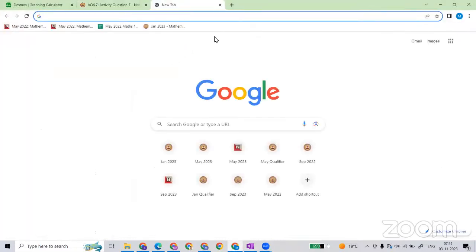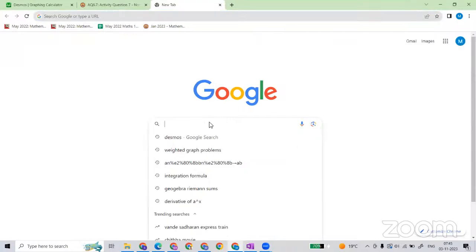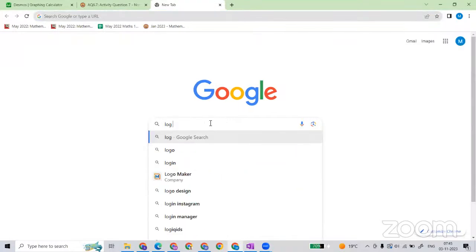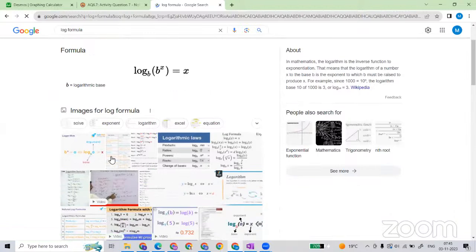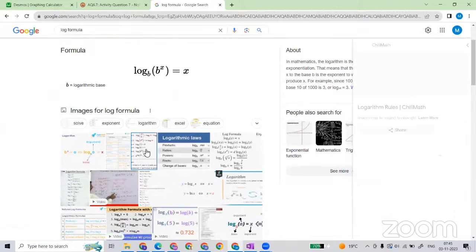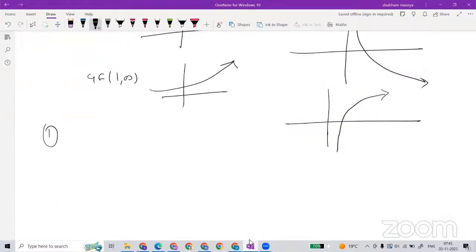If you Google log formulas, it will show a table. And in all these lectures, let me list them out here itself.